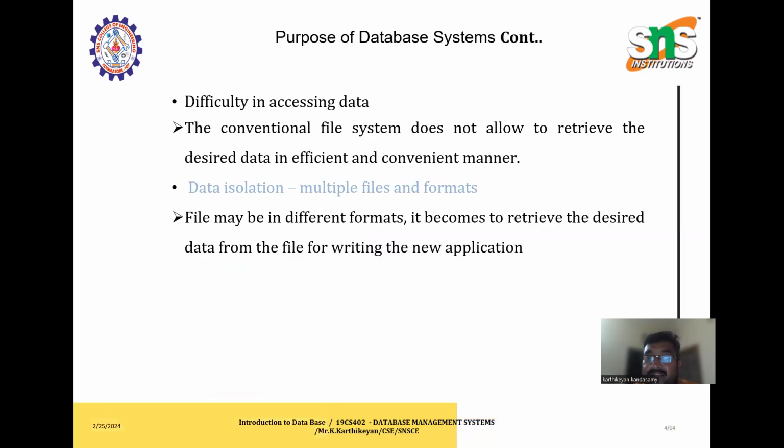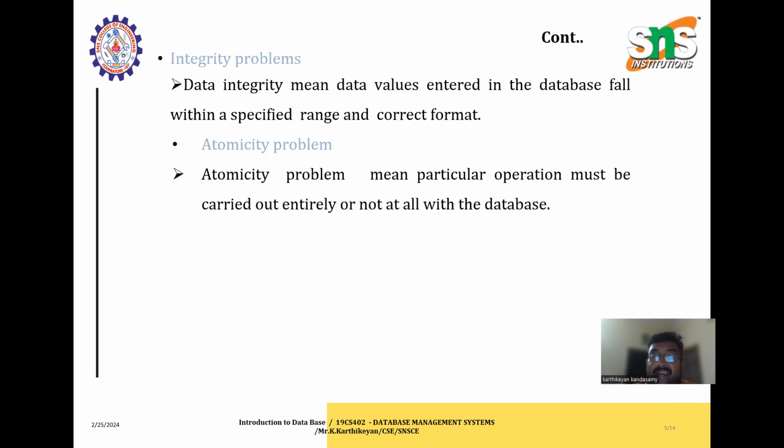Difficulty in access: the conventional file system does not allow retrieving the desired data in an efficient and convenient manner. Data isolation: multiple files and formats are available, and files may be in different formats, so it becomes difficult to retrieve the desired data from the files when writing a new application. Integrity problem: data integrity means data values entered in the database fall within the specified range and correct format.